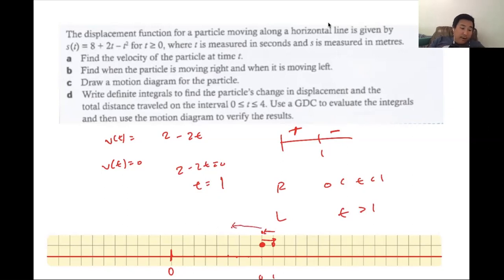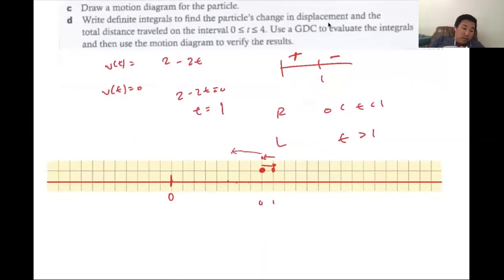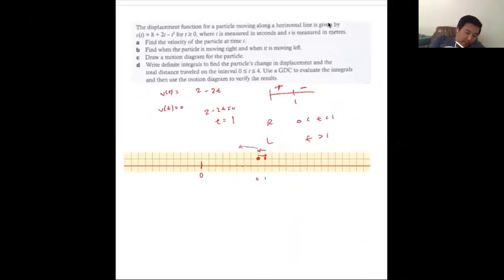Now we want to find the particle's displacement and the total distance traveled in the interval from 0 to 4. So the first one, displacement, is the integral from 0 to 4 of 8 plus 2t minus t squared dt.